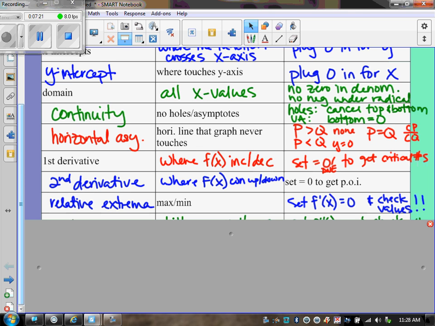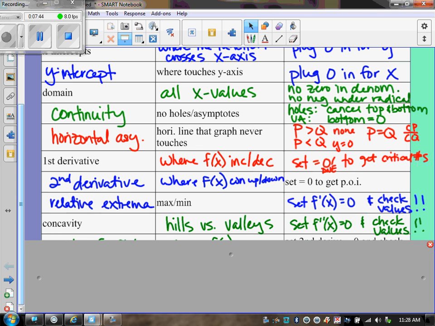And then make sure you check your values, because I can't be a relative maximum unless I change from increasing to decreasing. I can't be a relative minimum unless I change from decreasing to increasing. So you have to make sure you test your values. If you do not have a sign change in your first derivative, then it is not a maximum or a minimum. Okay?